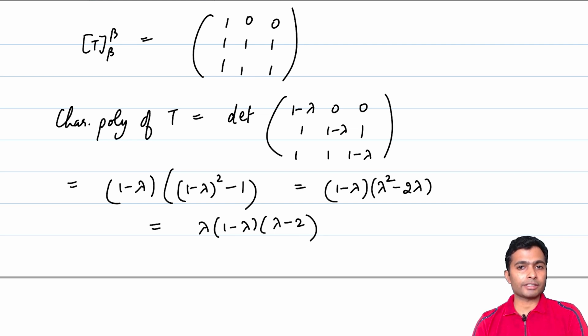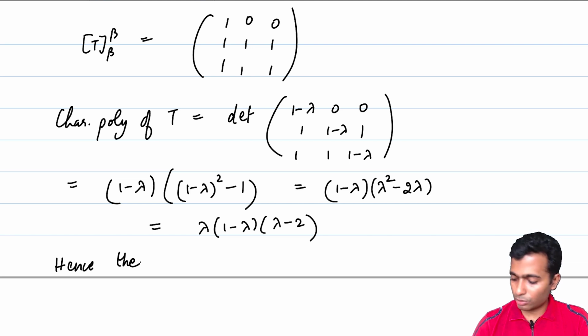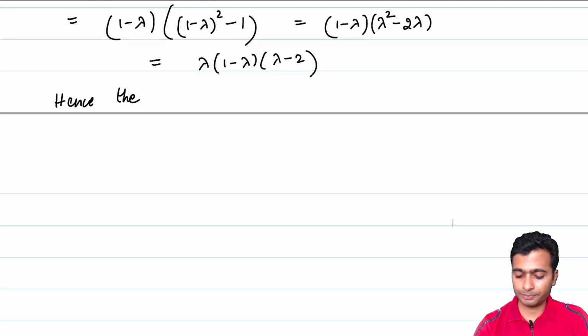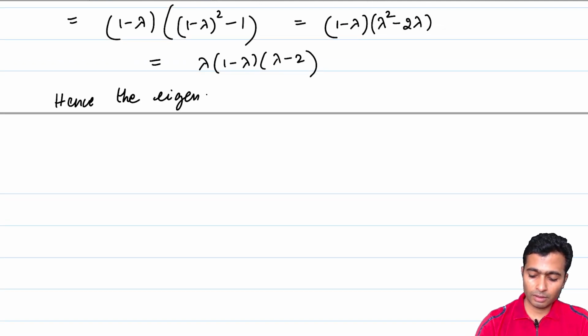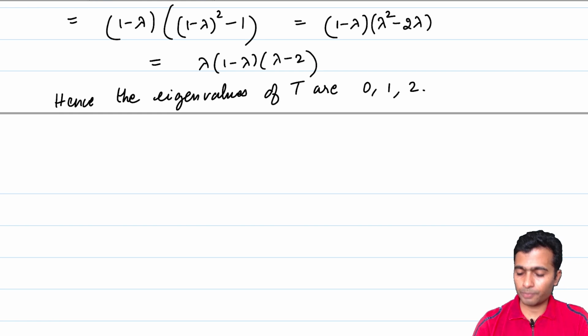What are the roots of the characteristic polynomial? Hence, the eigenvalues of T are 0, 1 and 2.